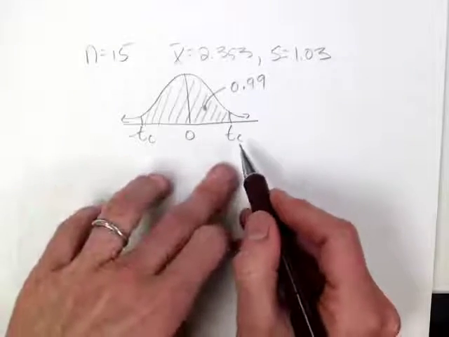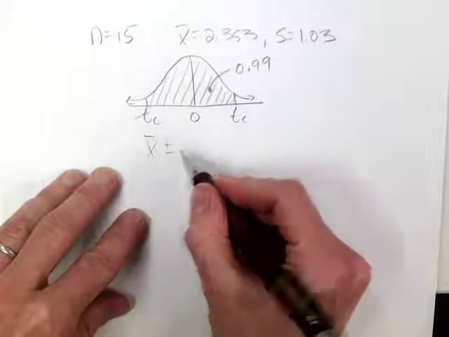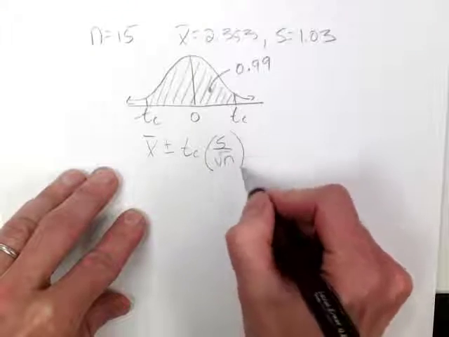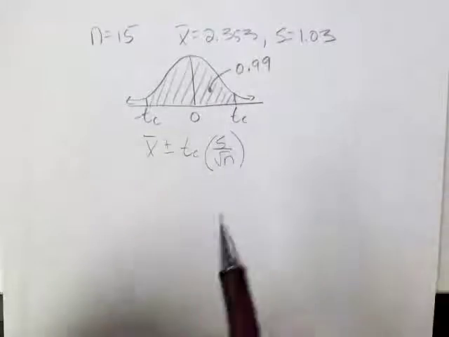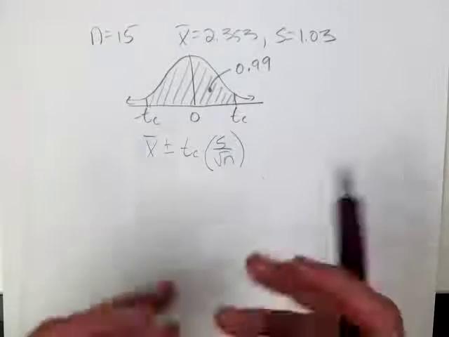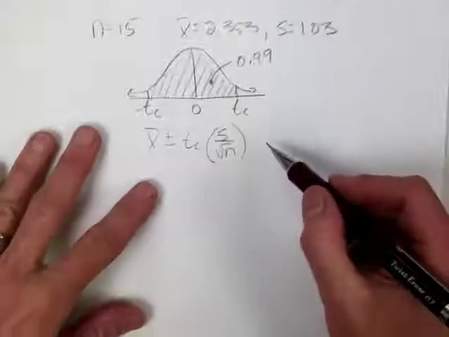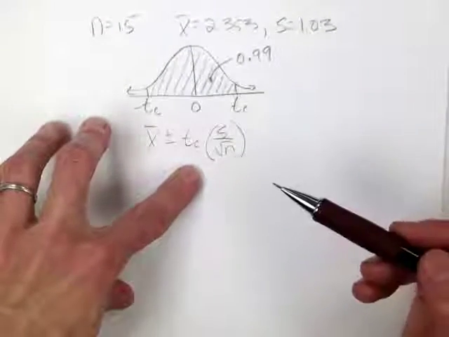The positive one is the one we want for the formula: x bar plus or minus t sub c times s over the square root of n. I'm doing this part just to show you again how to get the critical value, but I will ultimately end up just getting the confidence interval straight from the calculator. I could certainly put these pieces in and find this by hand.